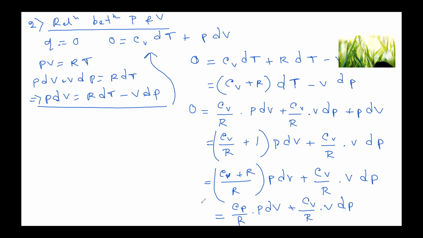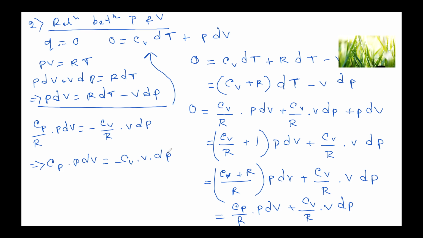So I can write this as Cp by R into P dV equals minus Cv by R into V dP, or Cp into P dV is equal to negative Cv into V dP.